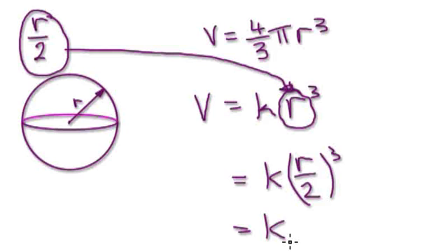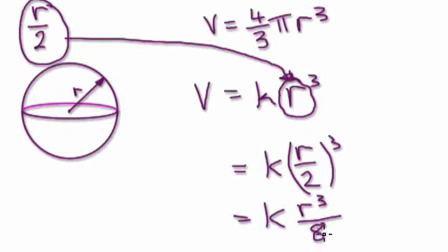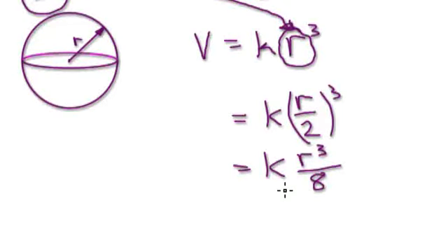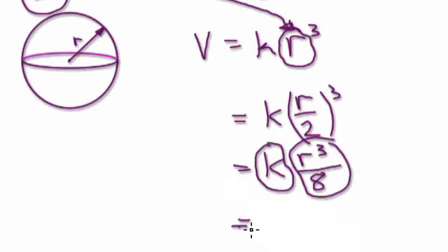Then this becomes k r to the power of 3 over 2 times 2 times 2, which is over 8. Let's rearrange this. Here you've got k multiplying a fraction, so it gets multiplied to the top. So it will become k r to the power of 3 over 8.